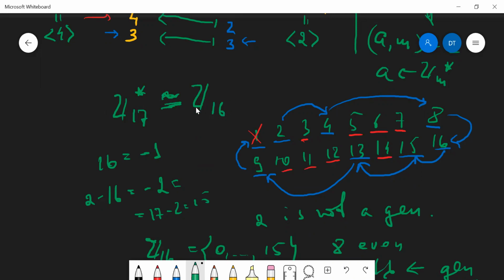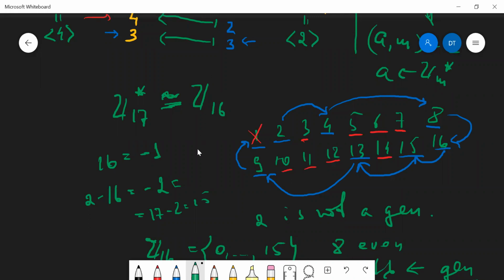And vice versa, if I take a generator here, it goes to a generator here via this isomorphism. So if I count the amount of generators here, I will get the amount of generators here. So that's the key idea, that isomorphic groups are the same. They are just presented in a different form.